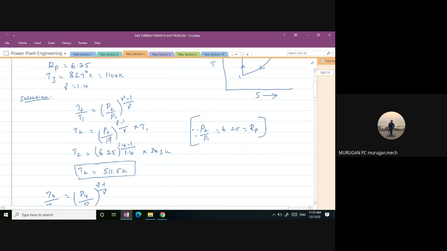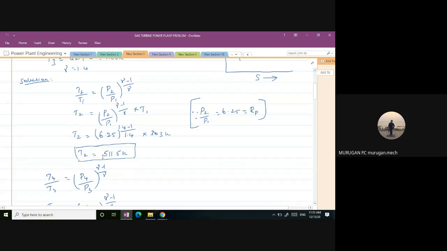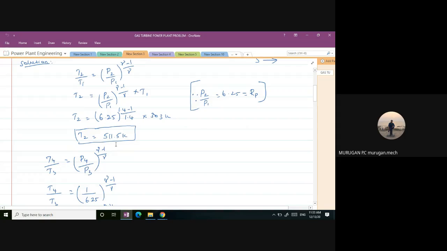P2 by P1 is the pressure ratio, 6.25. Substituting the pressure ratio RP as 6.25 and all the data in this formula, we obtain the temperature T2, that is 511.5 Kelvin.